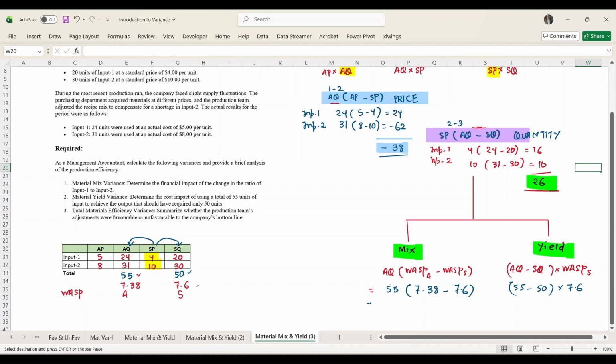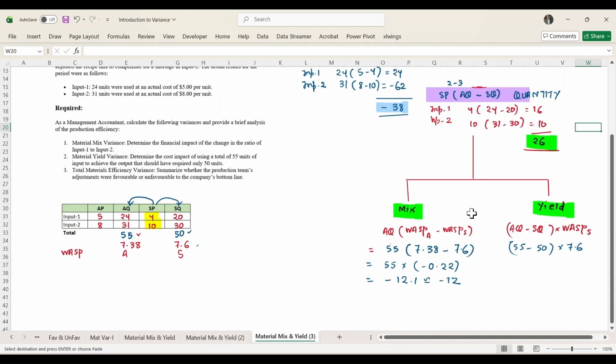So this 55 is multiplied by 7.38 minus 7.6. This becomes minus 0.22, and this gives us minus 12.1, so approximately we can take it as minus 12.